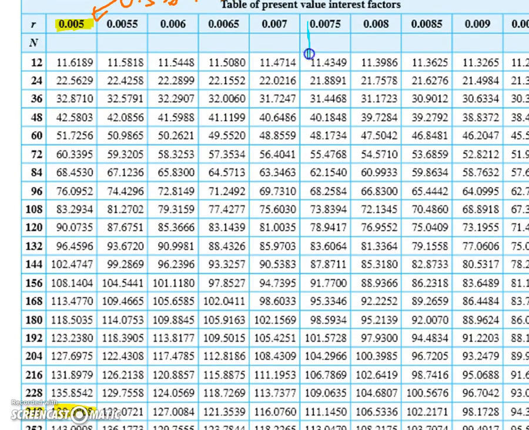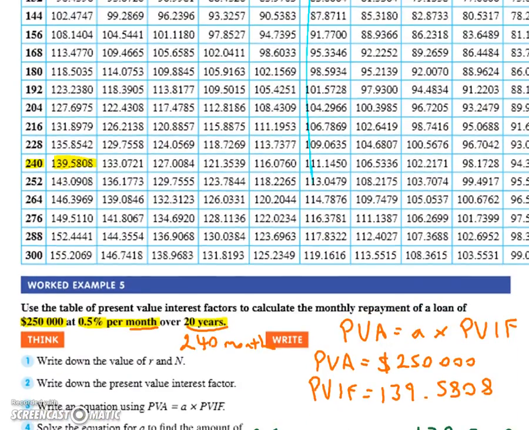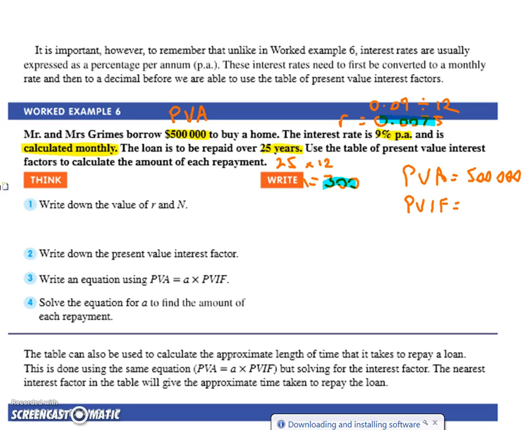So we're on this column here, so I'll just draw that down so I don't get lost. And we're going across to there. So that is our sucker, 119.1616. Go back to our other page. So our PVIF is 119.1616.